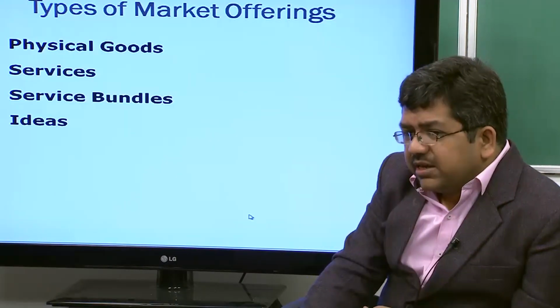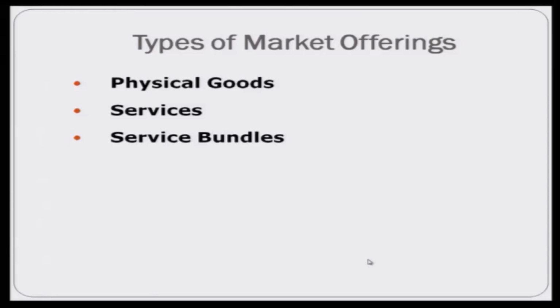I call this another type of offering service bundles, where not an individual service, rather a bundle of services are offered as a package, because this is becoming a very common form of offering.